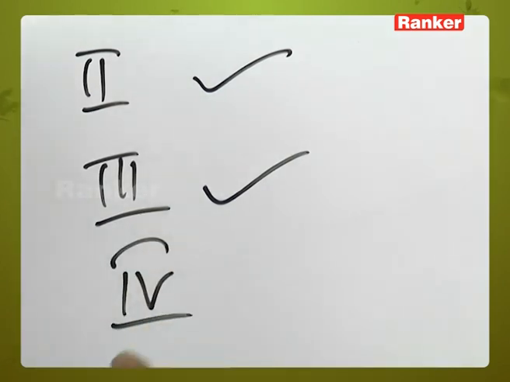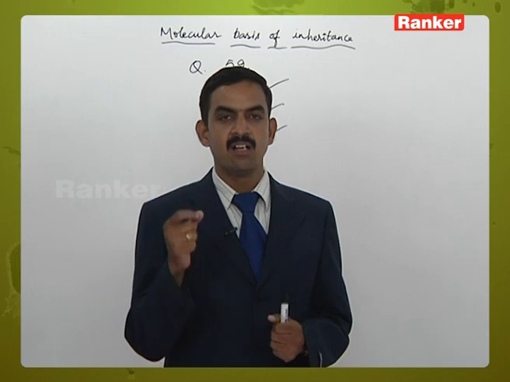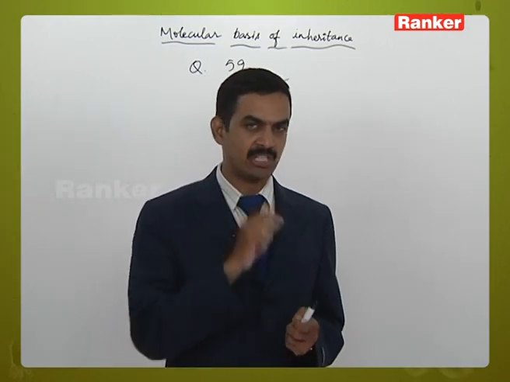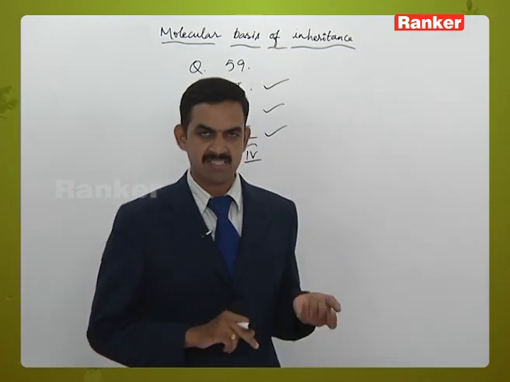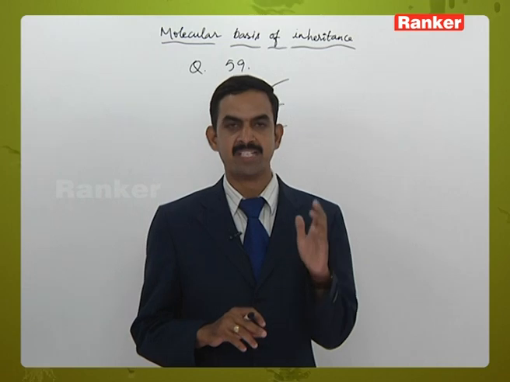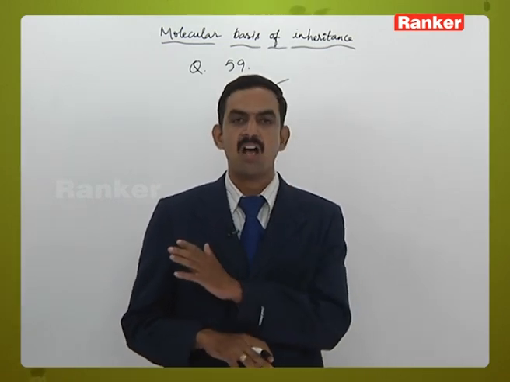When it comes to the fourth statement, it is related to the RNA molecule, where it is given that purines and pyrimidines in the RNA molecule are in a 1:1 ratio. Actually, in most cases, RNA is single stranded. As it is single stranded, we can't say that the number of purines and pyrimidines in that RNA are equal.